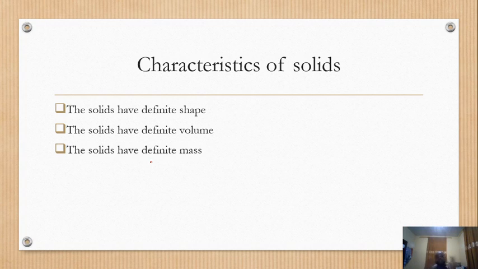The solids have definite volume. They can take up a space of a definite amount. Solids have a definite mass. Now my mobile phone is a rectangular shape. It has a regular definite shape.